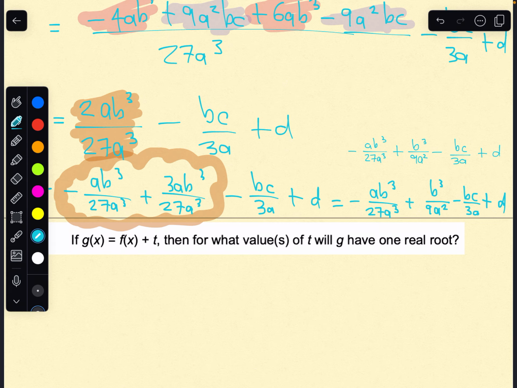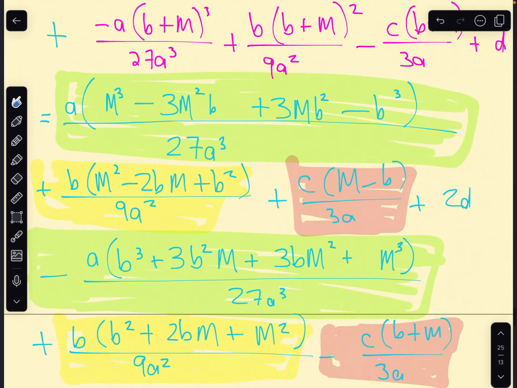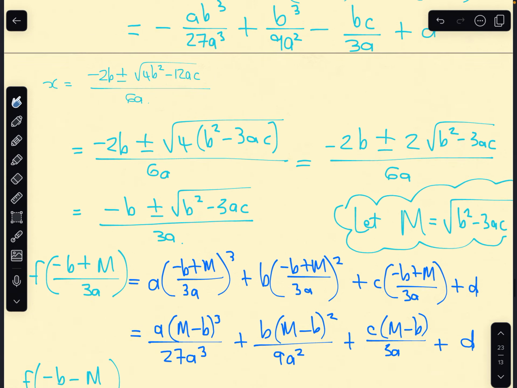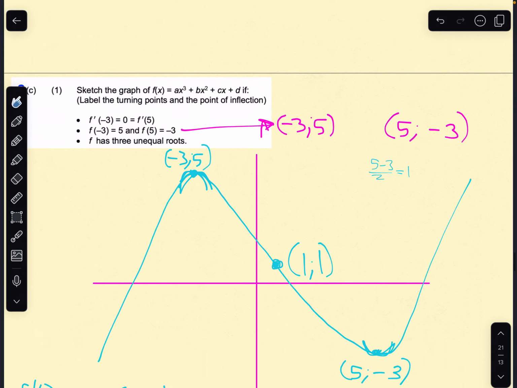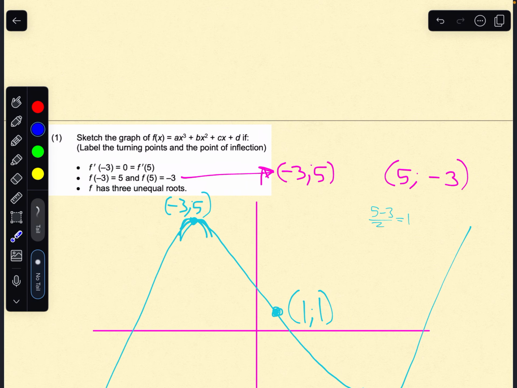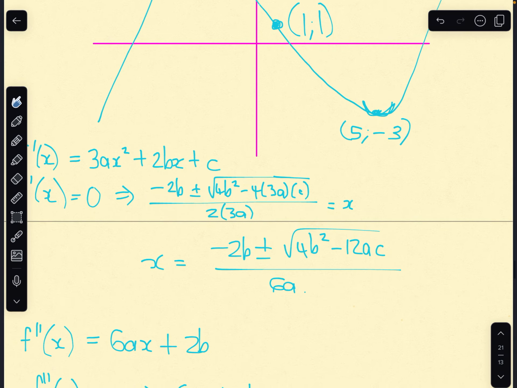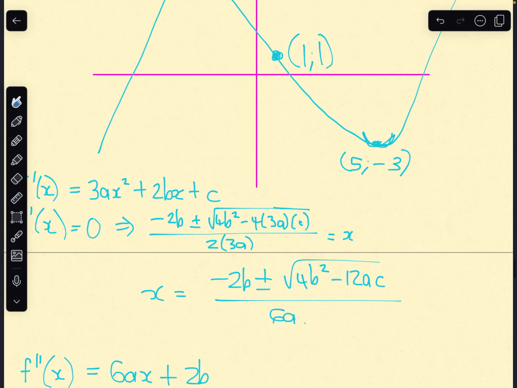So what we have finally shown after 1, 2, 3, 4, 5, 6, 7 pages of work is that for any cubic curve that looks like this, and I think there are a couple of assumptions we need to make, the a obviously has to be non-zero, otherwise it wouldn't even be cubic.